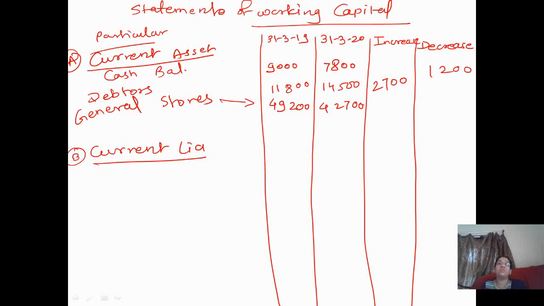Okay, so the difference value is 6,500. Compare 49 to 42, so amount decrease, asset decrease. So asset decrease, the working capital also decreases. So the difference value we have to write down under the column of decrease. Same, current asset shows positiveness, means asset increase, working capital increase, asset decrease, working capital decrease.